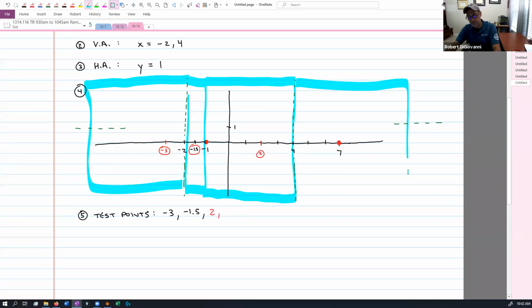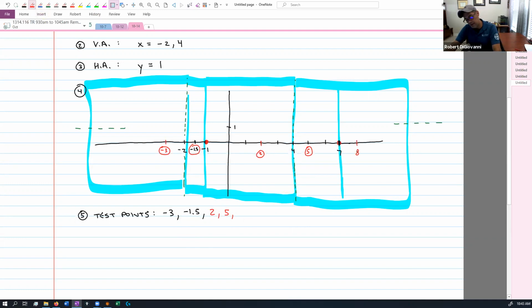One more. Something in this region. Oh, wait, no, we only had 3. Sorry, 2 more. Lost count. We need something between here and here now, don't we? Maybe 5. And the last one, anything to the right of 7.